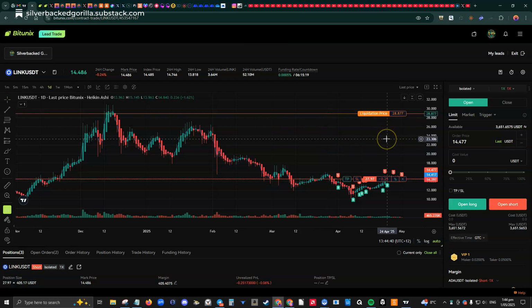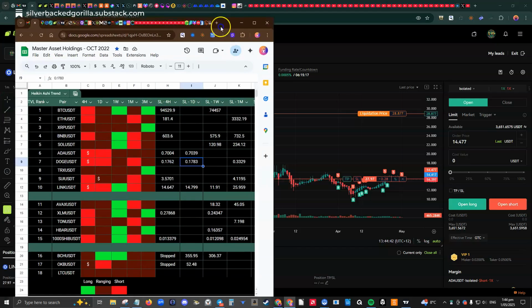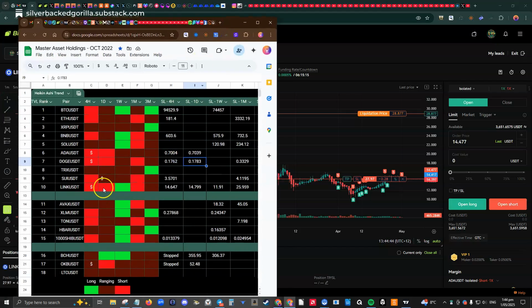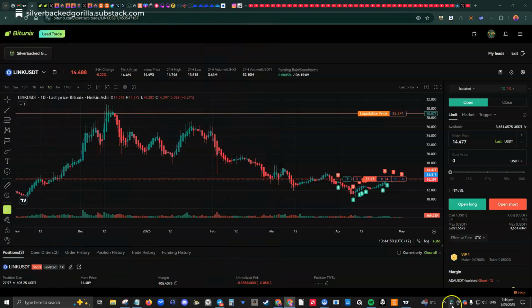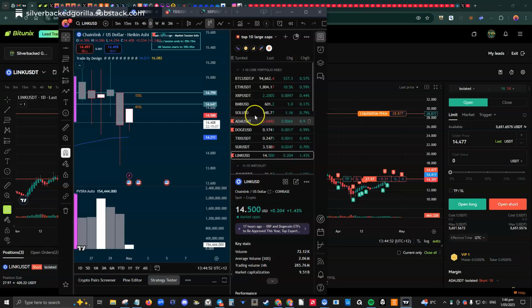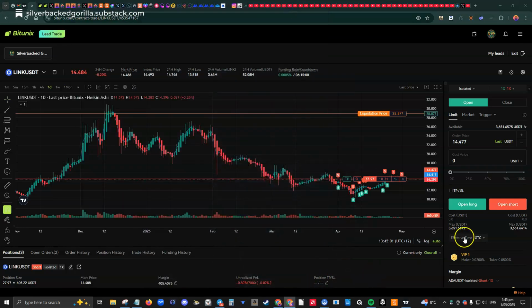So I'm done. I've got my Link short set up now. 14.799 is the stop loss level. Just go into my chart and double check that. 1 day is 14.799. Yeah, so that's right. So again, I was going to do it at the same time.